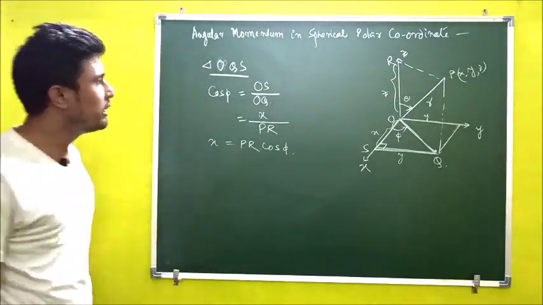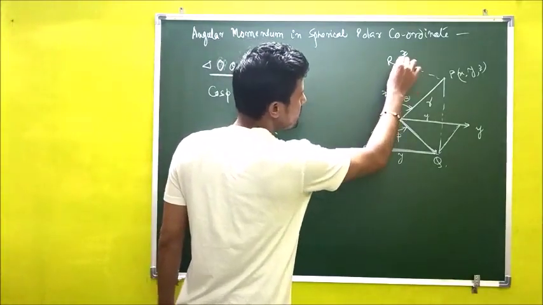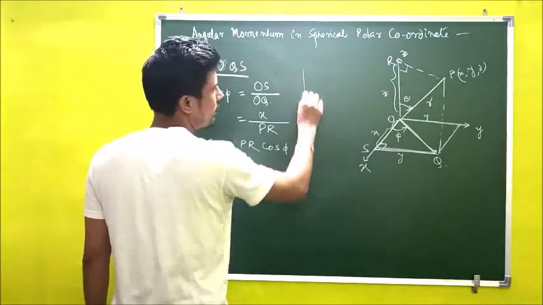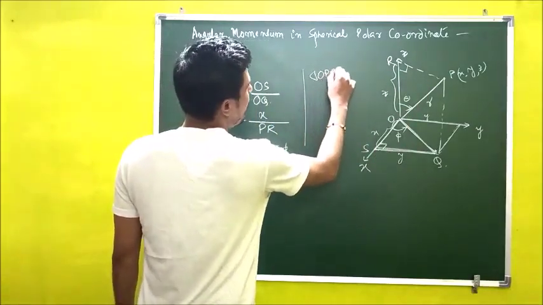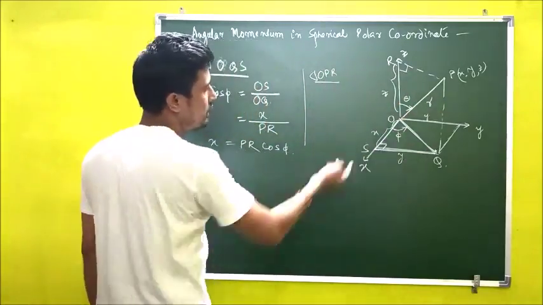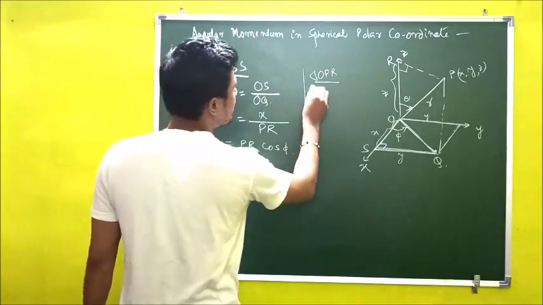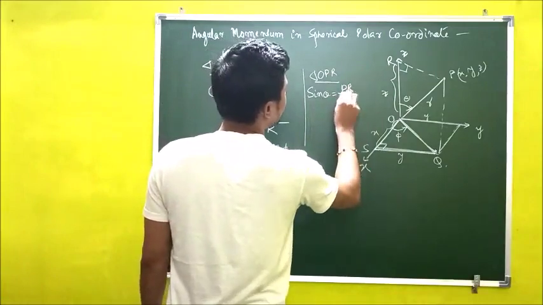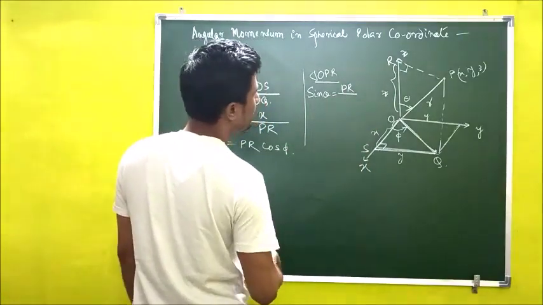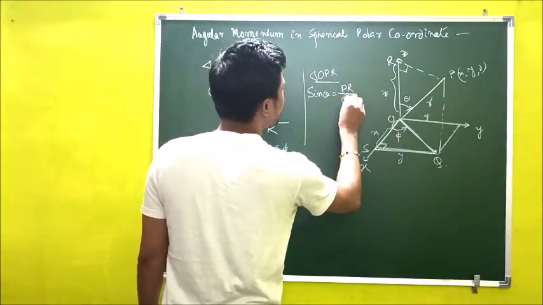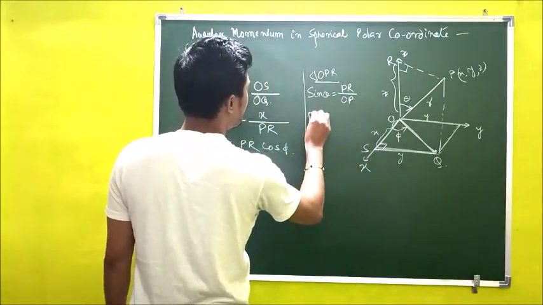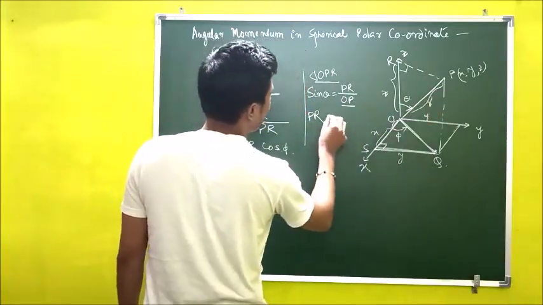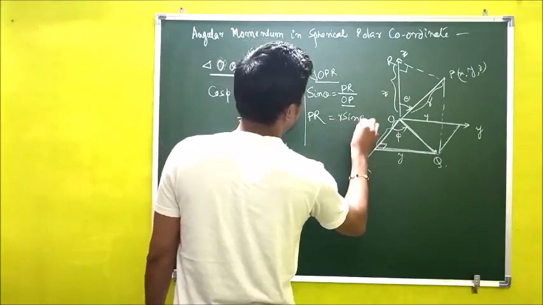Here PR is the perpendicular of this angle ROP. So from triangle OPR, we can write sine of theta equals PR divided by OP. OP is equal to r, so PR is r sine theta.